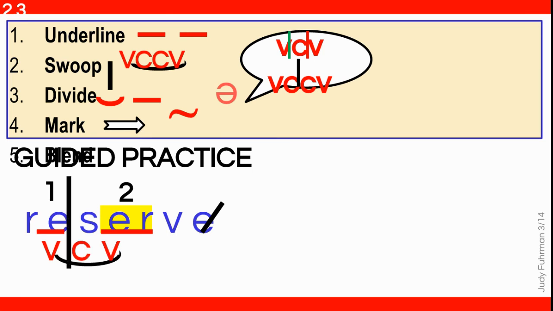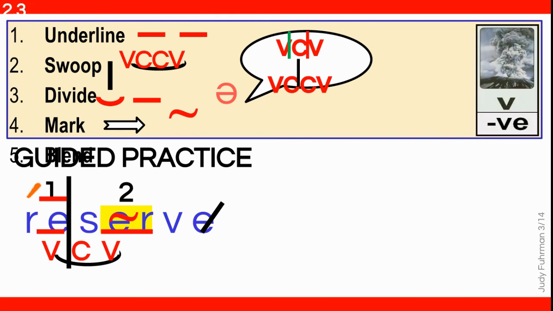In this case, because it's going to have the long E sound, we're going to cut it between the E and the S. And the other one has the R control. So if we sound this out, it would be reserve. The volcano card makes the V sound, so that's why we don't say the E sound at the end of reserve. It just has the V sound.